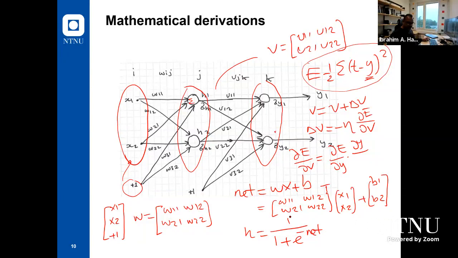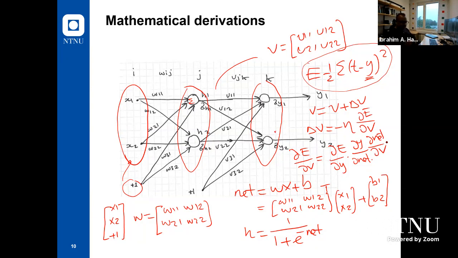So this is Y, in fact, 1 divided by 1 plus exponential minus net. So in fact, Y is a function of net. So it will be partial Y by partial net. And what is net? Net is only Vx plus B. So from this one, I can get partial E by partial V, right? So it will be partial net by partial V. Now we are done.